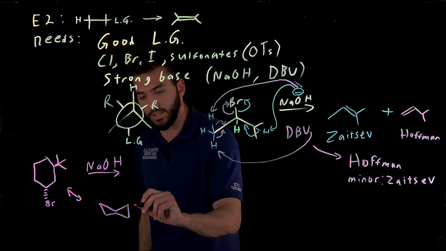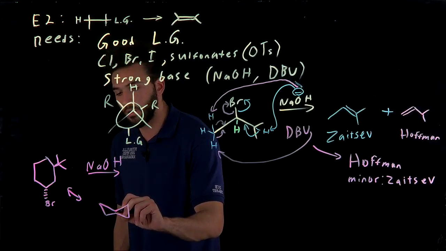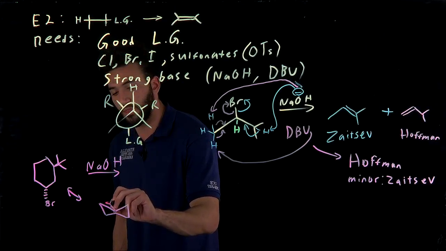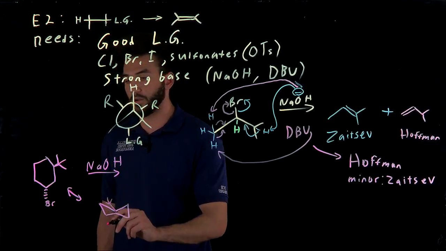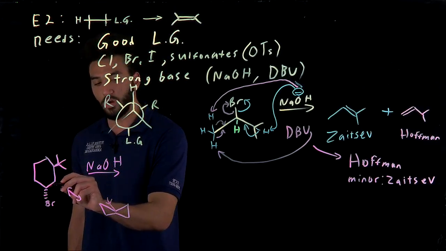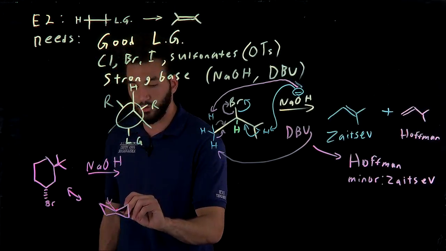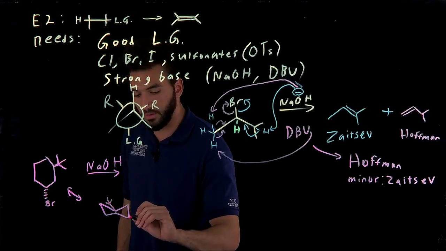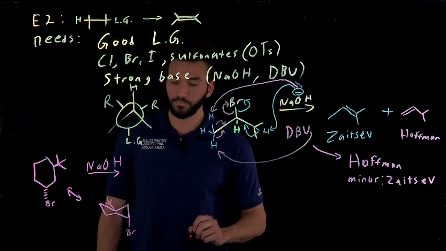So if we place this equatorially, let's say right over here, the tert-butyl group is going to be right there. Now let's start counting carbons away until we hit our leaving group, right? So we have 1, 2 carbons away, and then we're going to have our leaving group, which is going to be pointed down. So Br is going to be down here, like so.